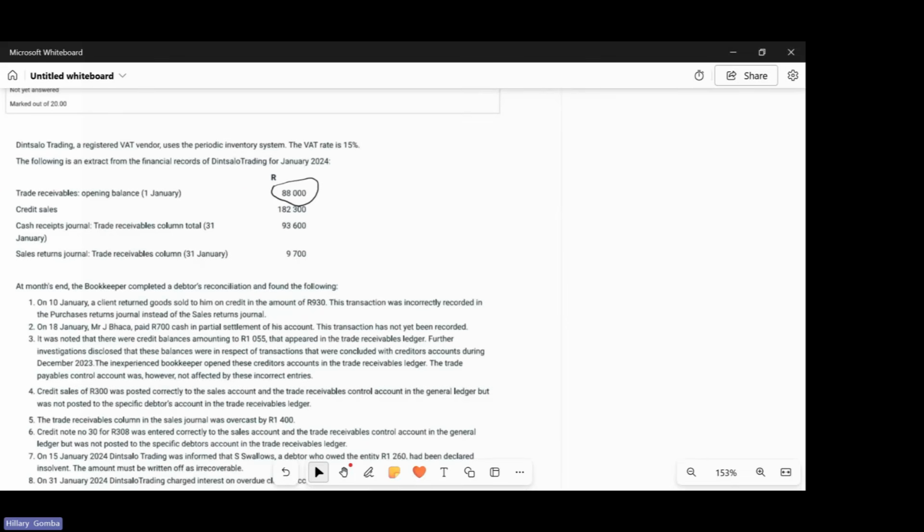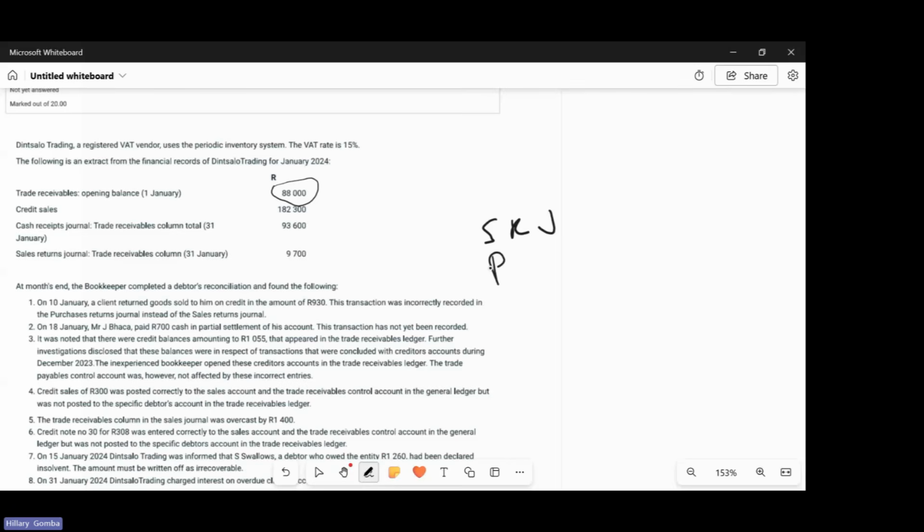But then due to other reasons, maybe the goods were damaged or they were not the right quantity or quality, they returned them back. And as they returned them, we had an inexperienced accountant. Instead of recording this transaction in the sales returns journal, they recorded it in the purchases returns journal.